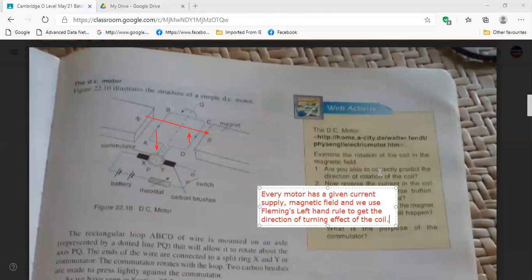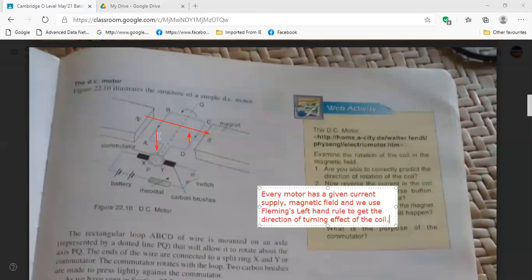Then we are writing some more information about the split ring commutator. So here AB is going downwards, then CD is going upwards. When CD comes to the position of AB, then CD goes downwards, right?